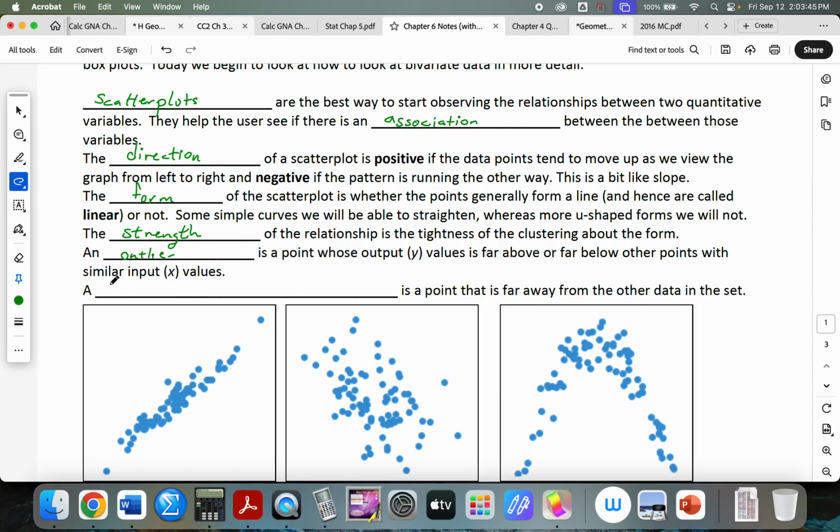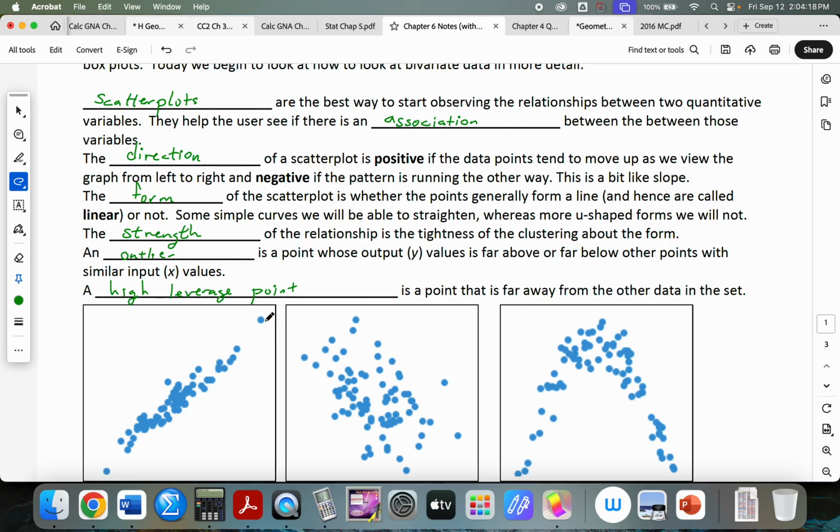And then a high leverage point is a point that's far away from the other data in the set. If you have a high leverage point, even if it's nearly on, like say, you have a positive direction in the association, and all the data ends here, and then you've got this other point way up in the corner, sort of like this one.